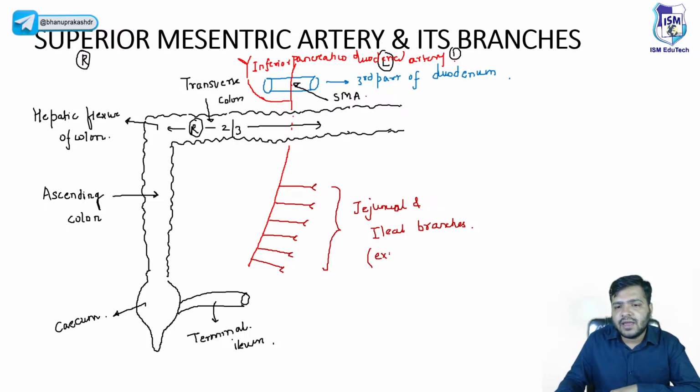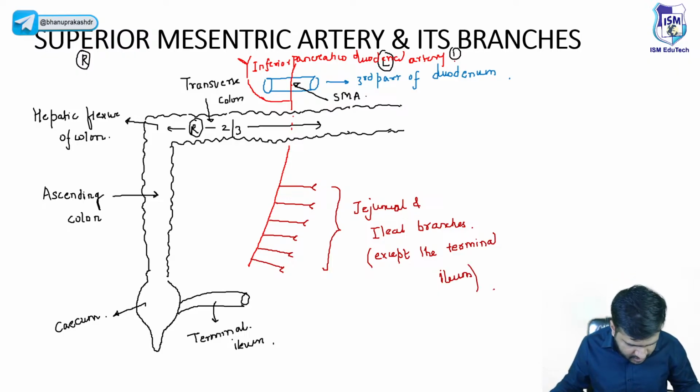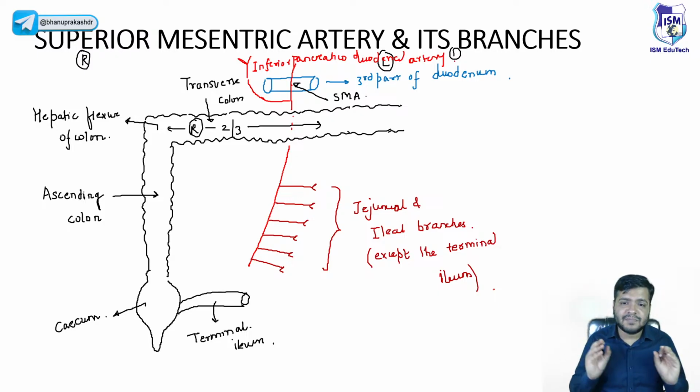Beta, keep this in mind, except the terminal ileum. We will see shortly who supplies that. Except the terminal ileum. I hope it is clear. So it is supplying the jejunum and the ileum except the terminal ileum, right?